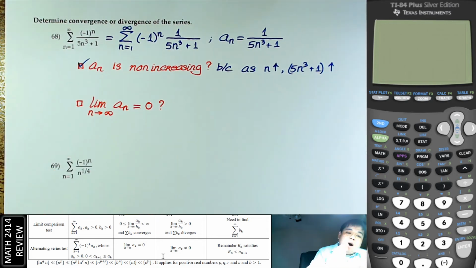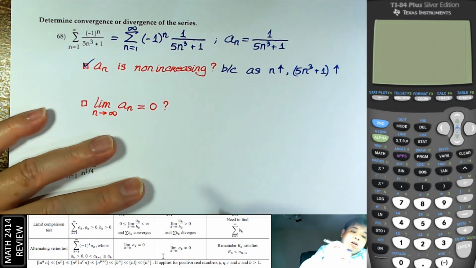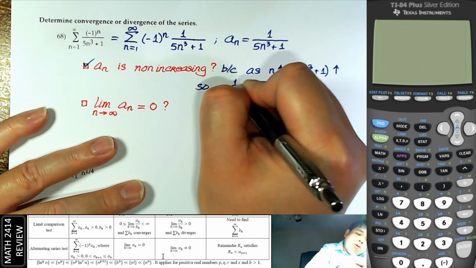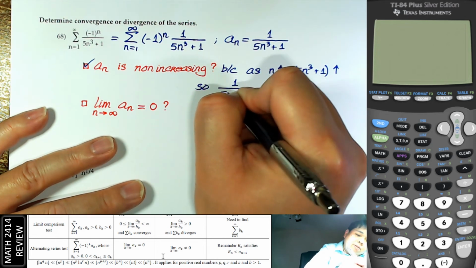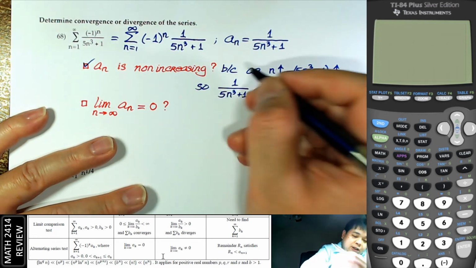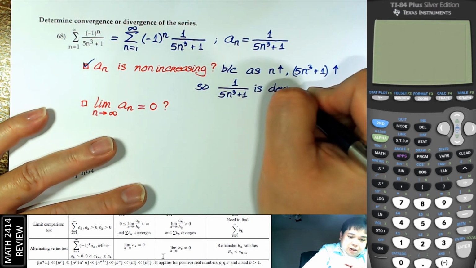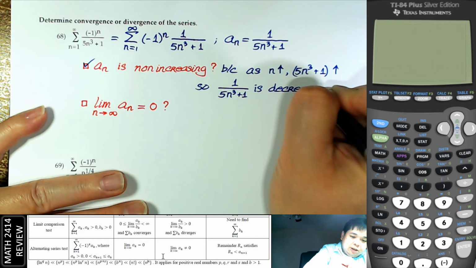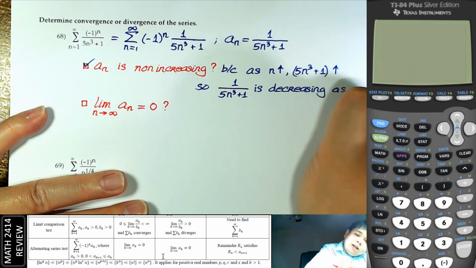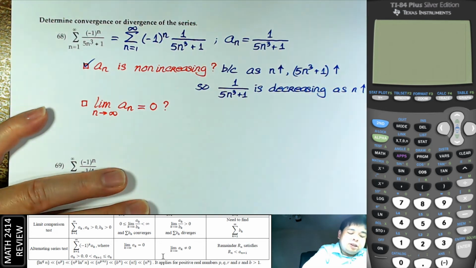The bottom gets bigger, the whole thing gets smaller. So 1 over 5n cubed plus 1 is decreasing as n gets bigger. Right, so that checks.